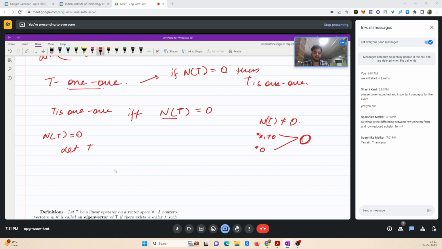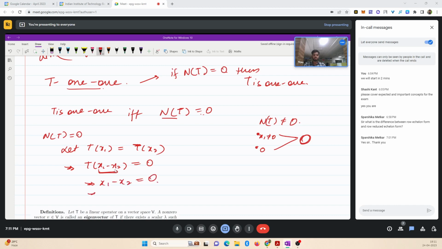So let T of x1 be T of x2. This implies T of x1 minus x2 is 0, right? I just took this T on the left hand side and pushed it inside using the property of my linear transformation. Now I know that the nullity of T is 0, so the only possibility that x1 minus x2 is mapped to 0 is that x1 minus x2 is 0 itself.